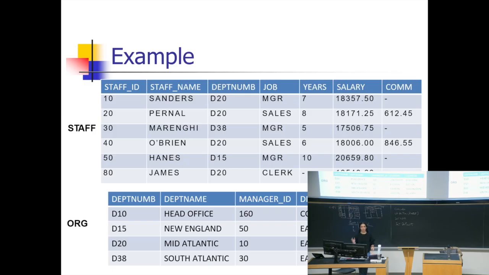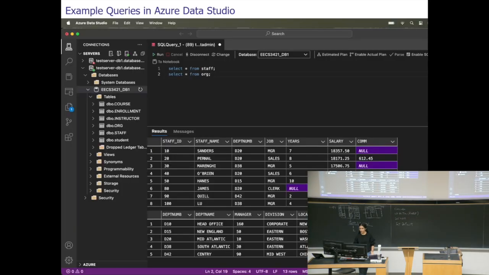Just to save time, you can copy and paste those queries, creating these 2 tables, staff and organization or department, and insert the same data into them. This just shows that if you select a star from staff or organization, you can see all the columns, not only a specific column.